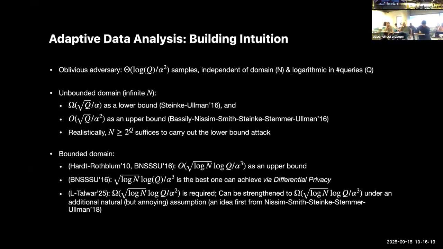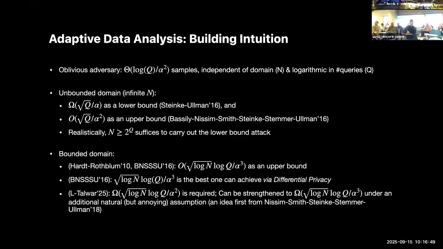In the differential privacy literature, there is a thing called the private multiplicative weights algorithm. And if you combine that algorithm with the tight connection between differential privacy and adaptive data analysis, which is established by the Wesley, Nissan, Smith, Stanka, Stammer, and Wong paper, you get square root log N times log Q over alpha squared as an upper bound.